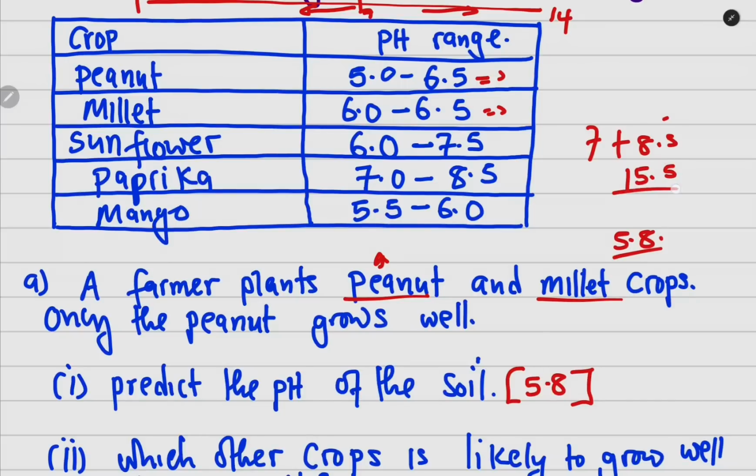Now 15.5, if we were to divide by 2, you're going to find that the pH is approximately 7.75, which is alkaline. Okay, so the pH here is alkaline.